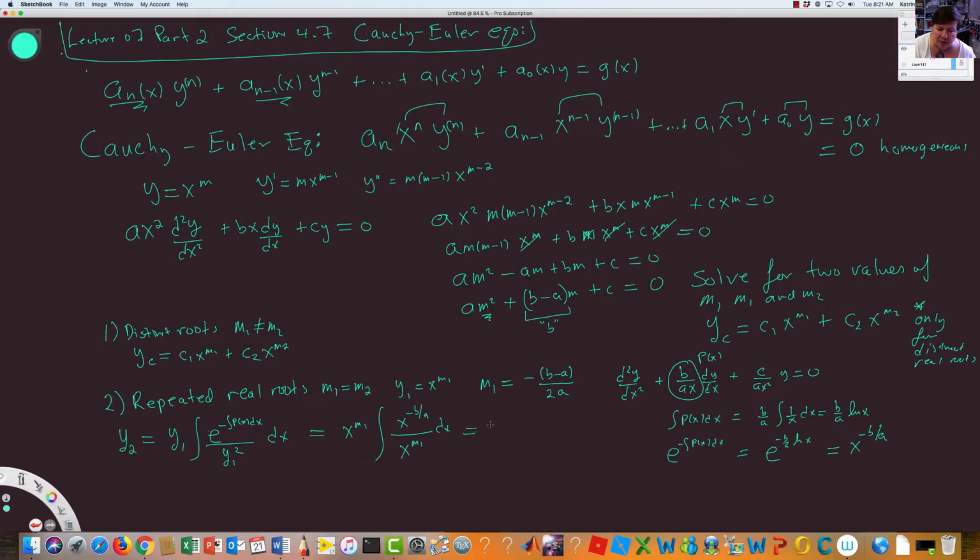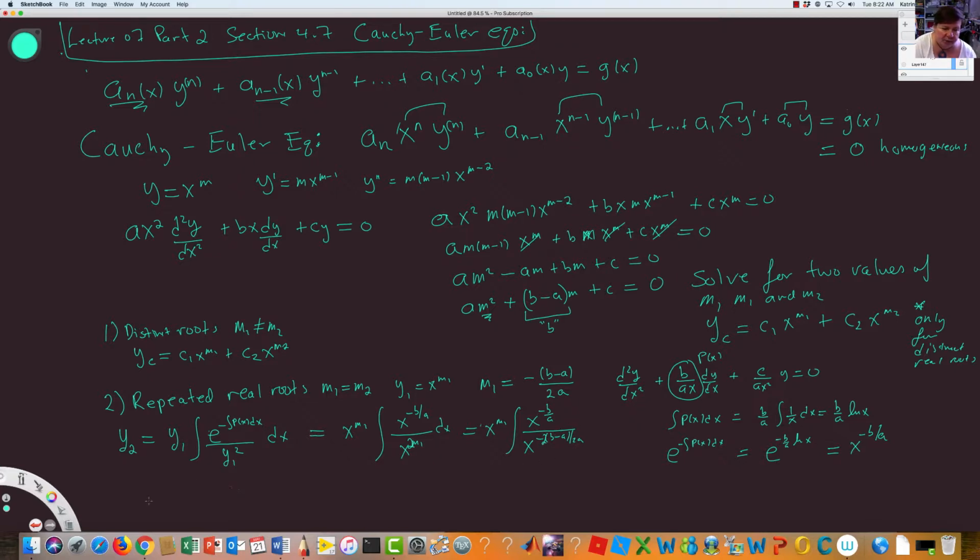So we have x to the m1. I'm going to leave it off here because I don't have to integrate that. We have x to the minus b over a. And then on the bottom, we have x to the minus b minus a over 2a, and it's squared. Oh, sorry, this should have been squared, 2m1, because it's squared. Sorry about that. Squared, so there's a 2 here.